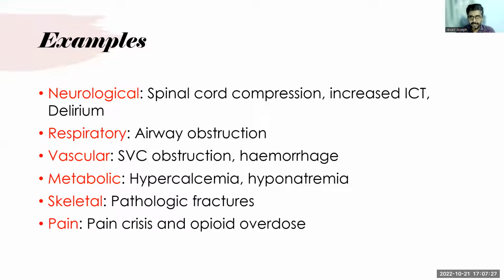Respiratory is mostly airway obstruction; vascular, superior vena caval obstruction and hemorrhage; metabolic, like hypercalcemia and hyponatremia; and skeletal events like pathological fractures. And one important thing is pain: pain crisis and opioid overdose is another important example of a palliative care emergency.